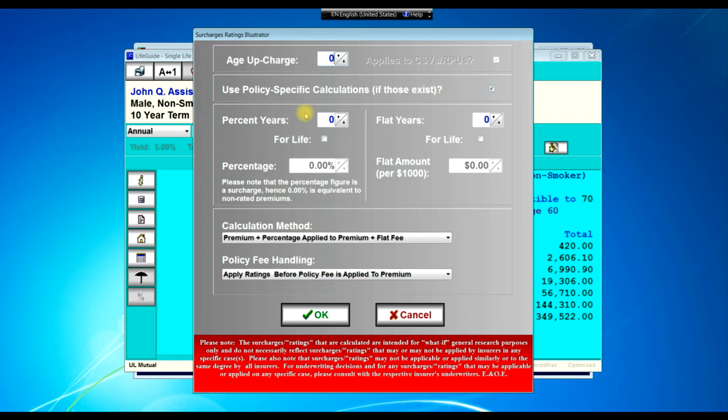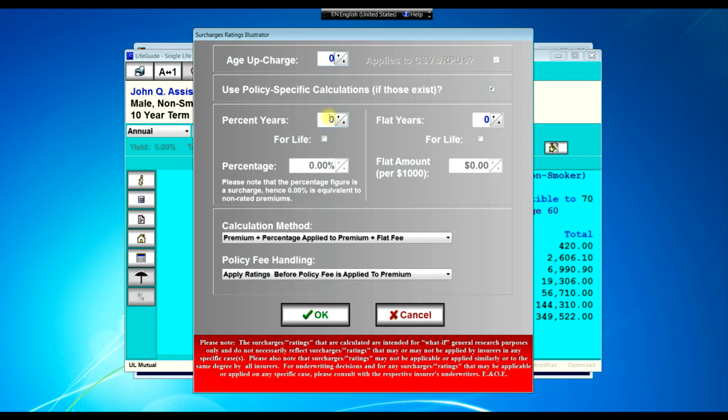Table ratings may be referred to as Table 1, Table 2, Table 3, etc., or Table A, Table B, Table C, etc. Therefore, for example, a Table 3 or Table C normally would mean a 75% surcharge on top of the standard premium. So let's take a look here and see what would happen with a 75% surcharge or a Table C or a Table 3.